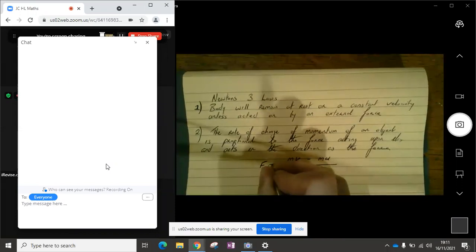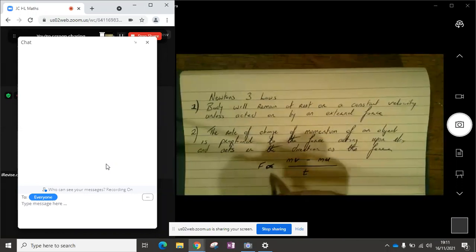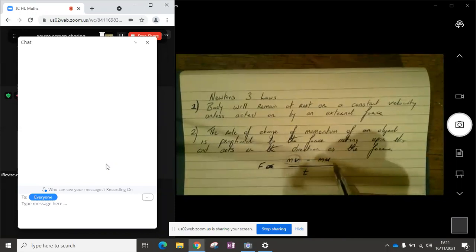So the final momentum is mass times the final velocity. Mass times the initial velocity is the initial momentum. The final momentum minus the initial momentum is going to be a change in momentum.